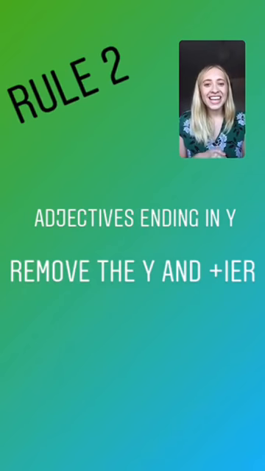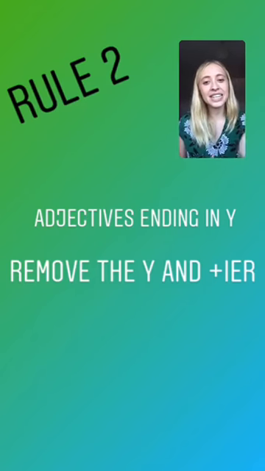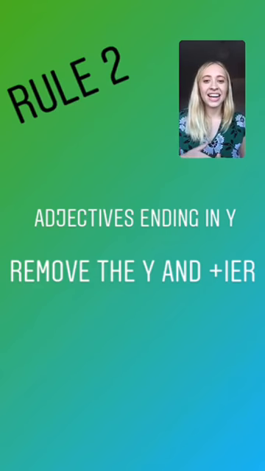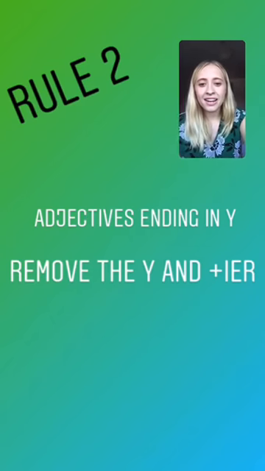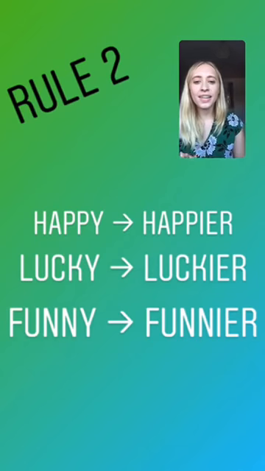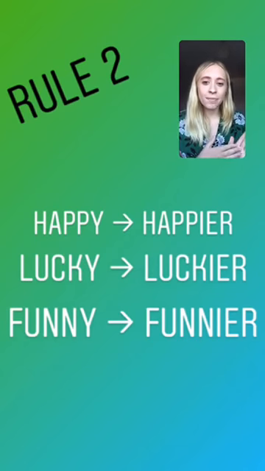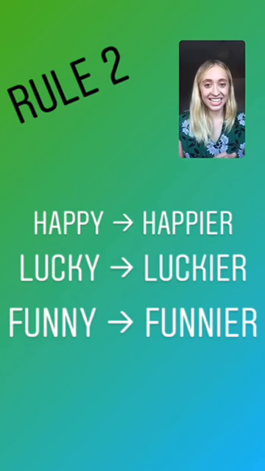For adjectives ending in Y, we remove that Y and add IER. Take away the Y and add IER. Here are some examples for this. Happy is going to become happier, lucky is luckier, and funny is funnier.